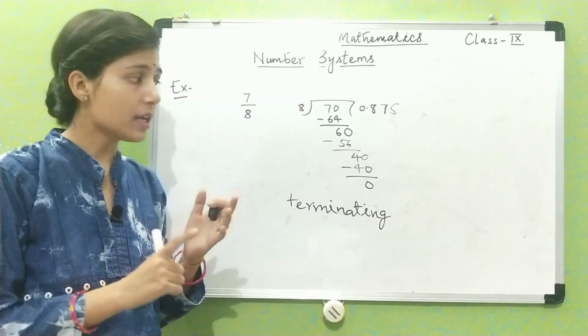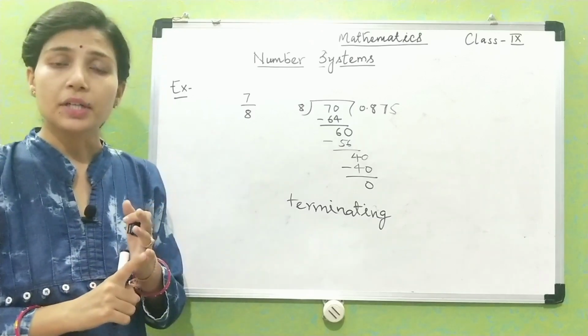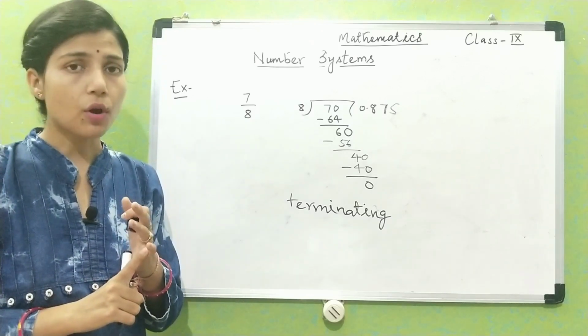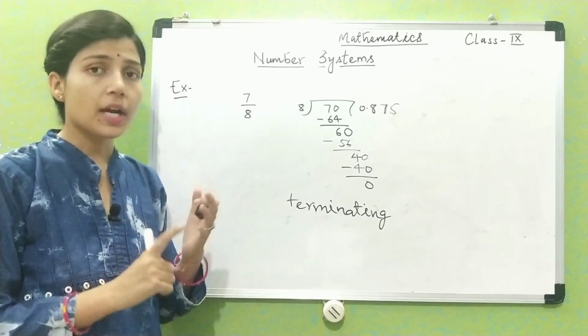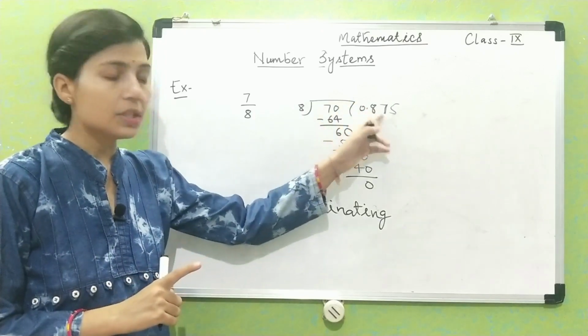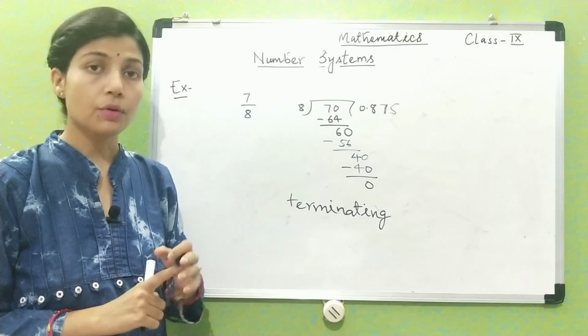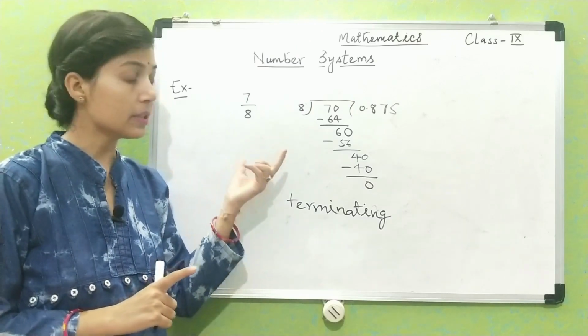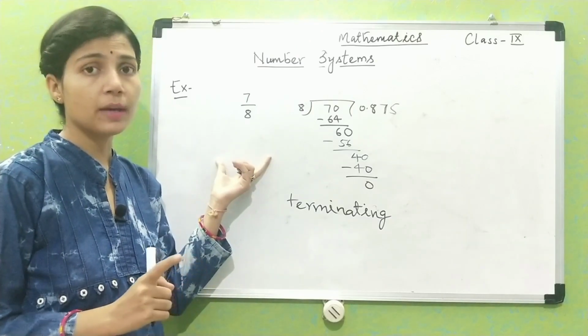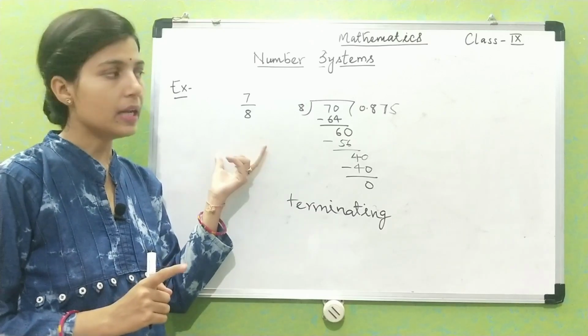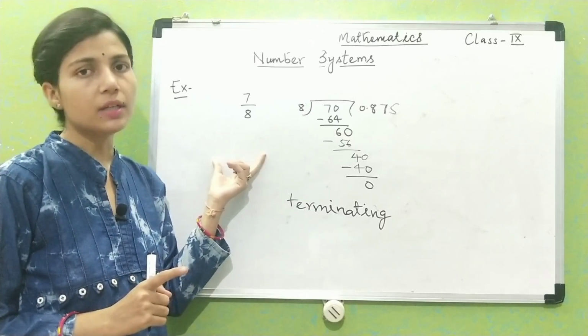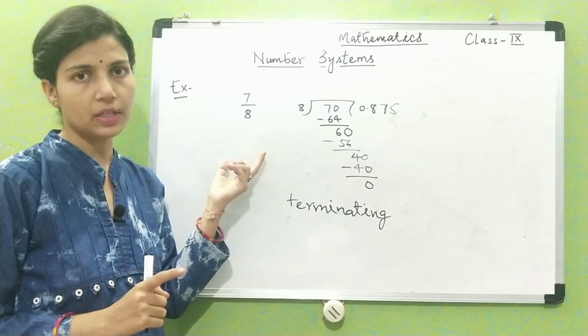Okay, and the next type is non-terminating, which means it will not stop and it is recurring, and after the decimal the digits will be repeated. That type of decimal expansion, of which we have taken two examples, will be non-terminating recurring decimal expansion.